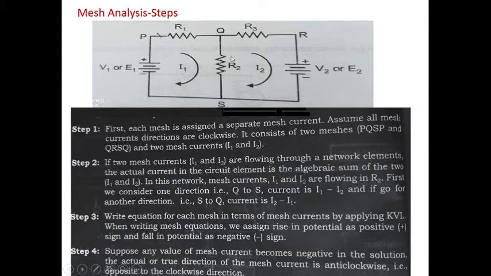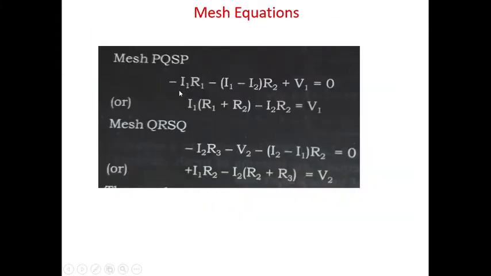For this mesh, again minus I2 into R3, then here it is plus to minus, so minus V2, then minus R2 into I2 minus I1 we have to take. So the first mesh: minus I1 R1 minus R2 into I1 minus I2 plus V1 is equal to 0.